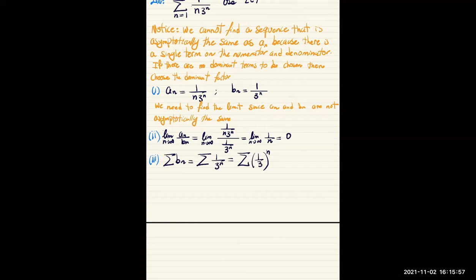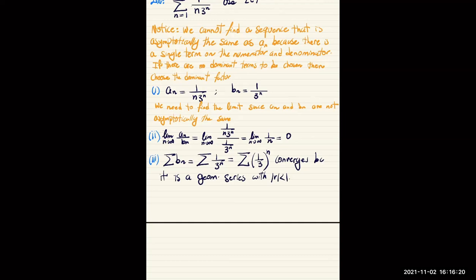Convergent. Justify, you say, because it is a geometric series with absolute value of r less than 1. Done.